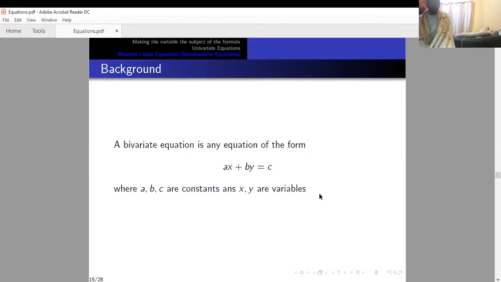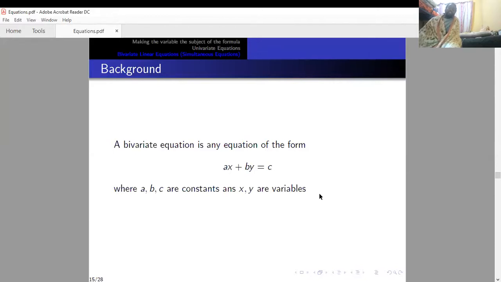Now, let's go to bivariate or simultaneous equations. A bivariate equation, or a bivariate linear equation in particular, is an equation that can be written in this form.